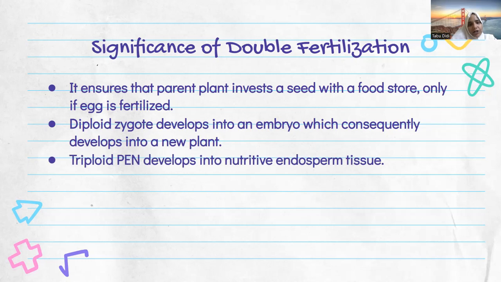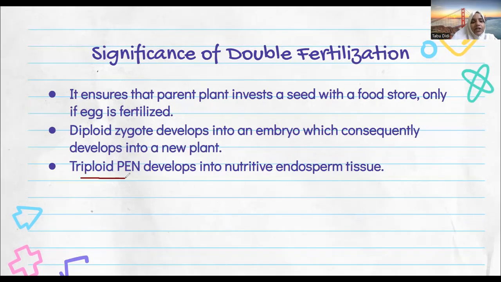Another importance of double fertilization: the triploid primary endosperm nucleus 3N, which comes as a result of double fertilization, will act as a self-nutritive endosperm tissue for the growing embryo. So this is one more benefit of double fertilization for the plant.